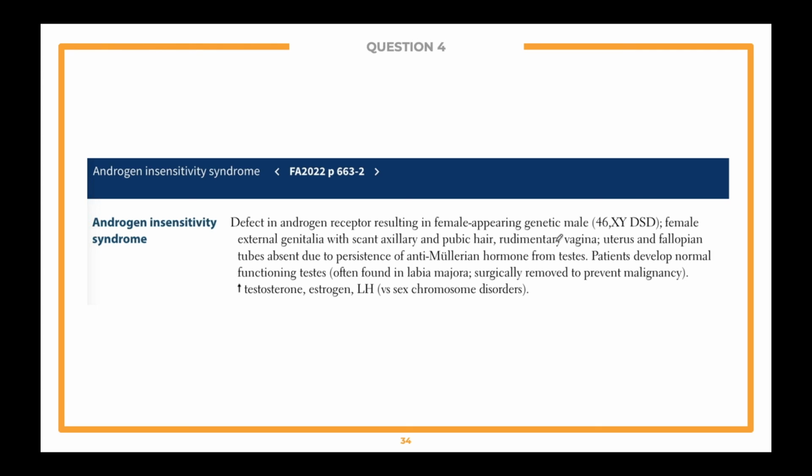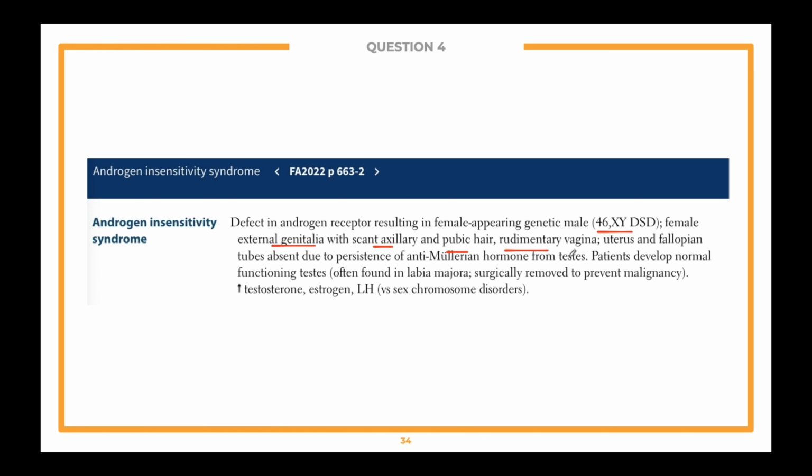They have a rudimentary vagina that is blind ending, meaning there's no cervix and no uterus at the apex. The uterus and fallopian tubes are absent. But these patients have functioning testes, usually found in the labia majora, which is the equivalent of the scrotum.